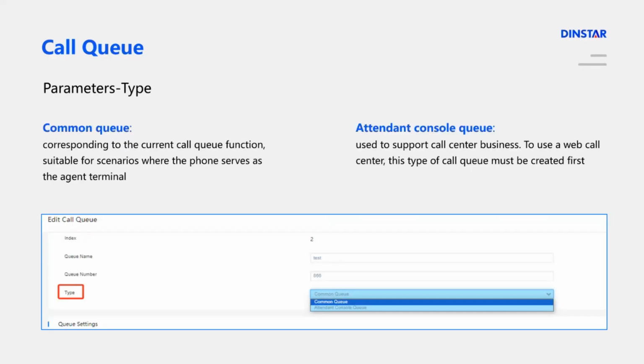There are two types of call queue. The common queue is for basic setups and the phones at the agent terminals. The attendant console queue is for the web-based call center and is required for the call center software.